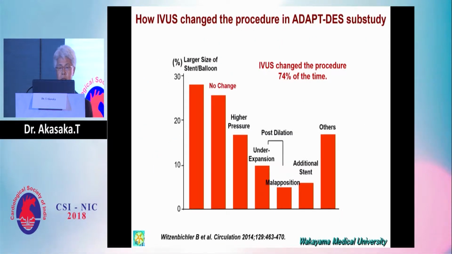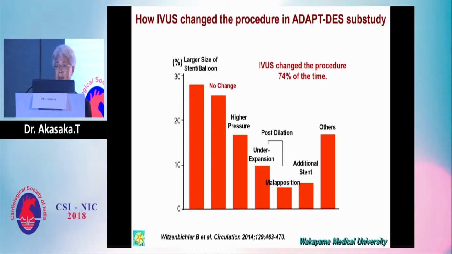And how to change the procedure is demonstrated in this slide. If you use an IVUS, we use the larger size balloon and higher pressure, and after putting a stent, we decide post-dilatation because of under-expansion and the malposition, and we sometimes try to do the additional stent.